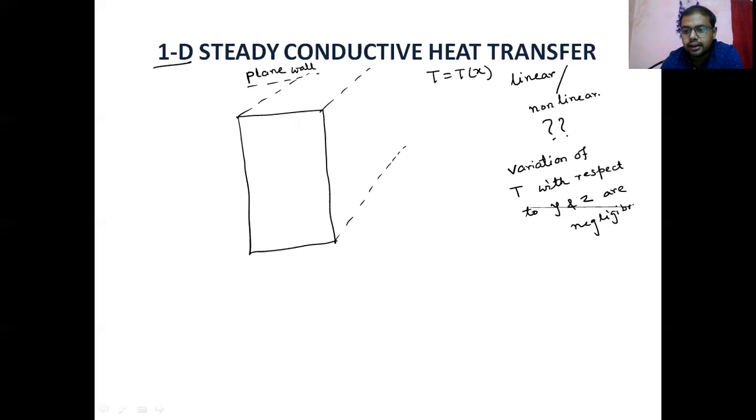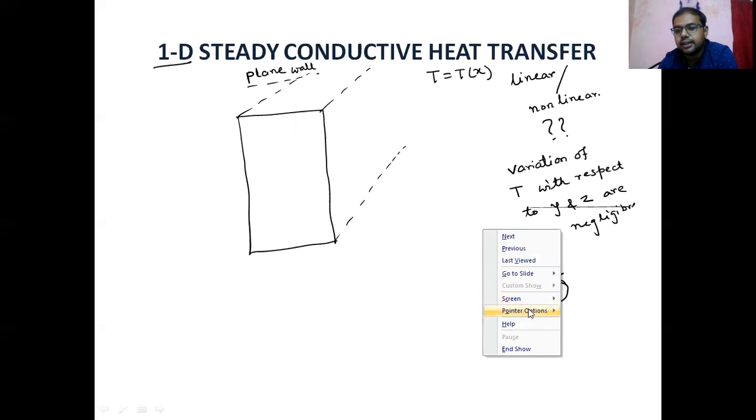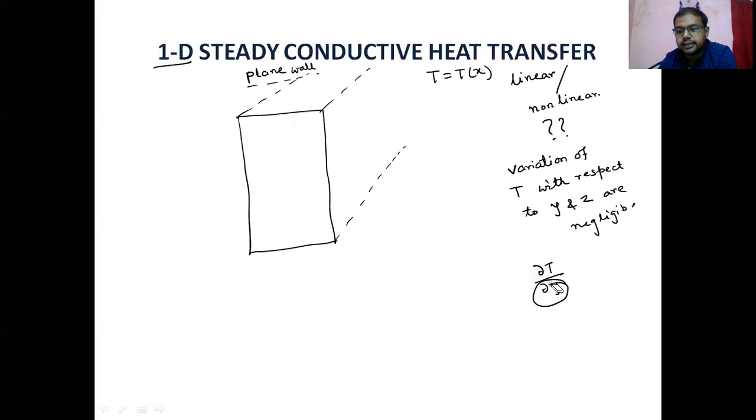Why? Because Y and Z are very large, so the variation is very less. We are not considering this thing.